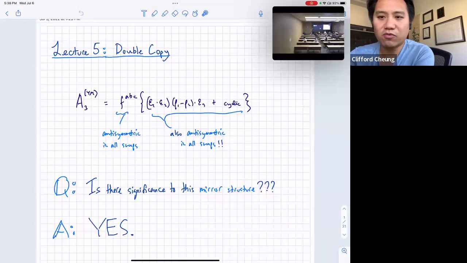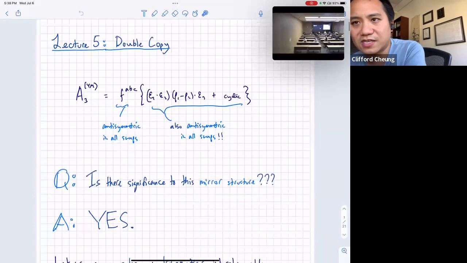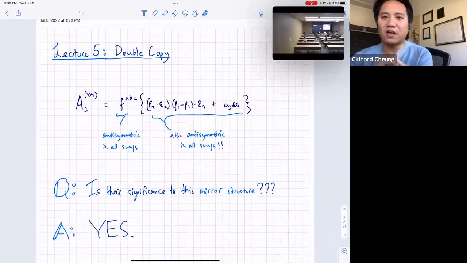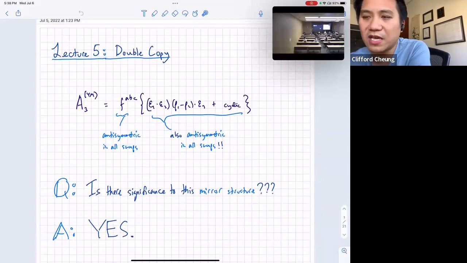Now at 3-point, you could ask if there's any significance to this, and it might seem like some strange accident, but I want to argue and tell you today how there's deep significance that goes far beyond 3-point, far beyond Yang-Mills, far beyond even gravity. And I would argue in some cases, even beyond perturbation theory and even the flat space amplitude.